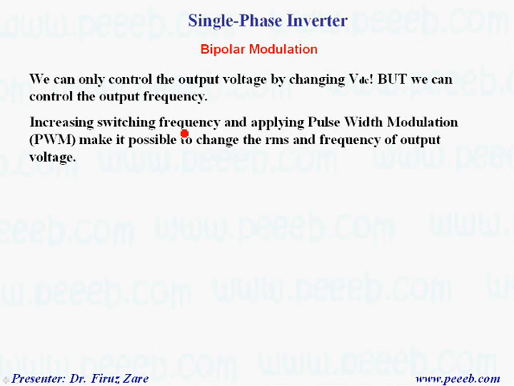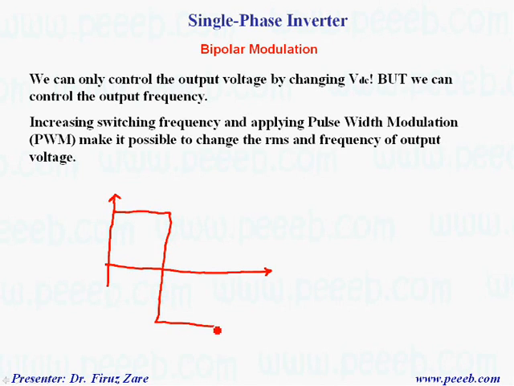So in bipolar modulation, when we have only one pulse, it's possible to change the frequency, but it's not possible to change the RMS output voltage. In this case, we can only change the RMS by changing the DC voltage, which is not possible because in most applications the DC voltage is constant.